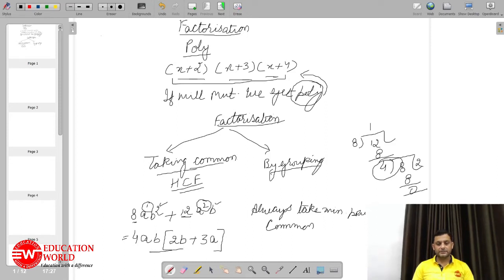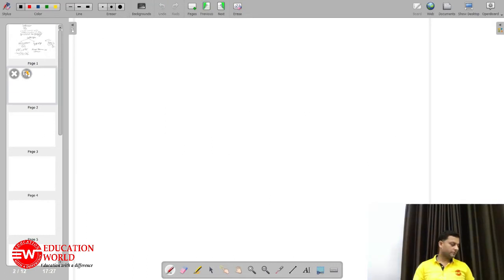So this is your factorization by taking common out. Now in case of brackets, these were single terms. In case of brackets, we will follow the same rule. I will take a general question: 4(x plus y) square minus 3(x plus y).